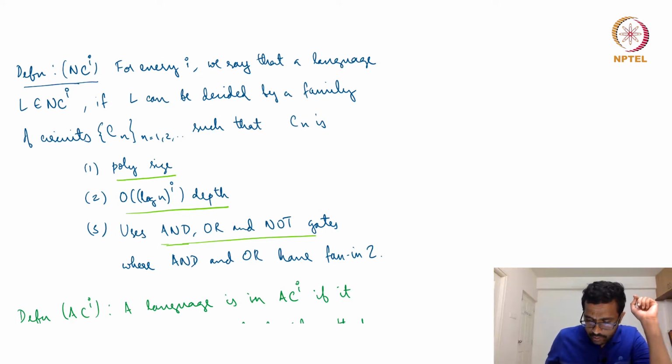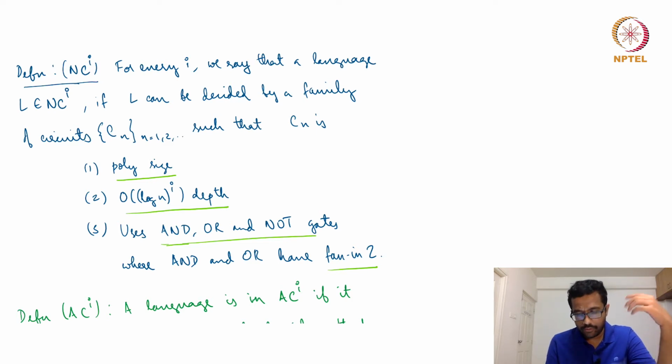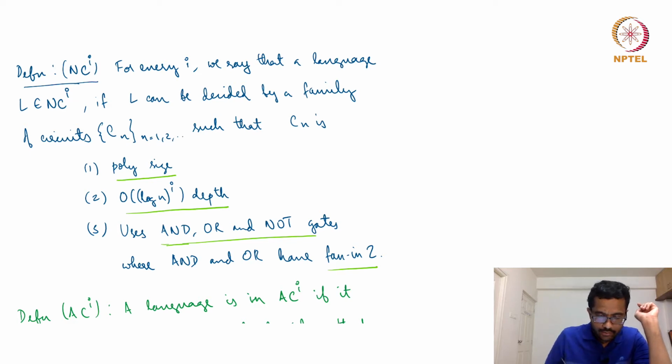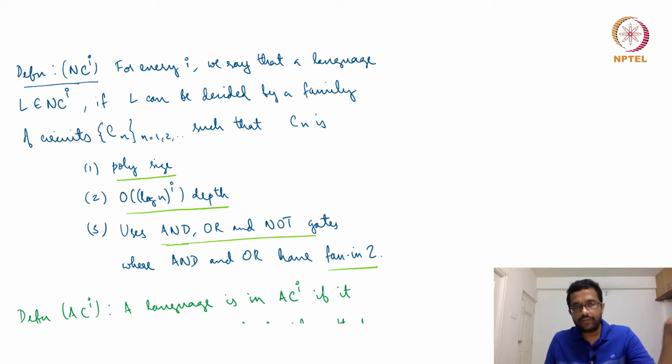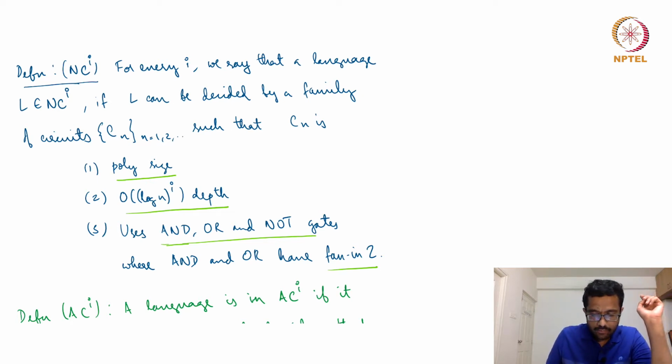The most important thing is that in the case of NC, these gates must have fan-in at most 2. Obviously NOT gates have fan-in 1, so AND and OR cannot have fan-in bigger than 2. So this is NC^i. When i increases you get more and more depth, but all of this is limited to polynomial size circuits.